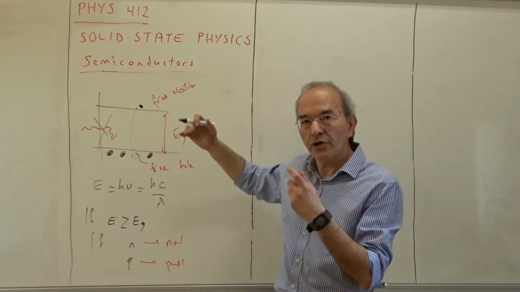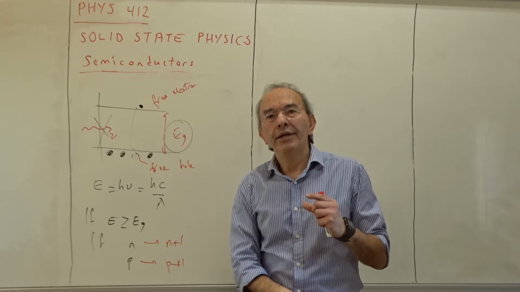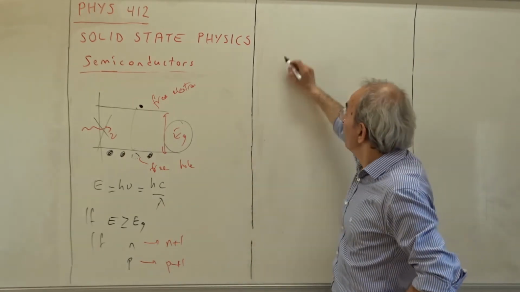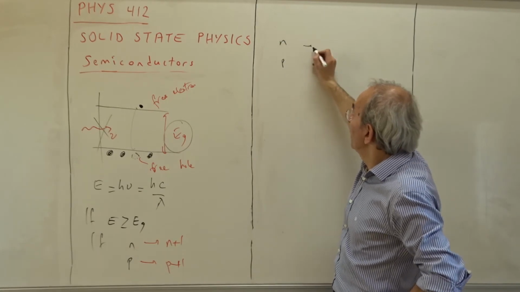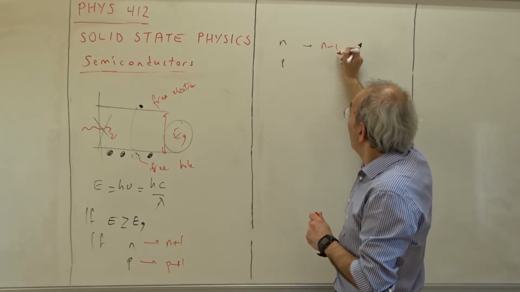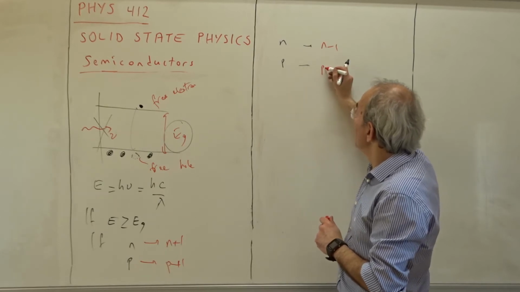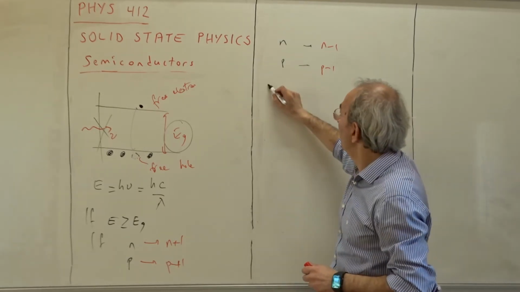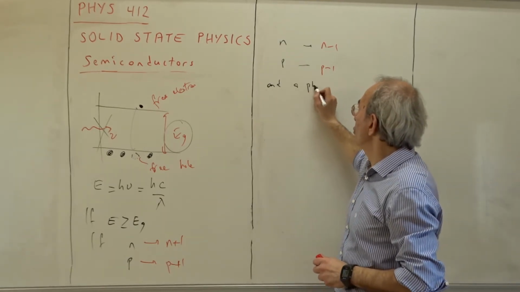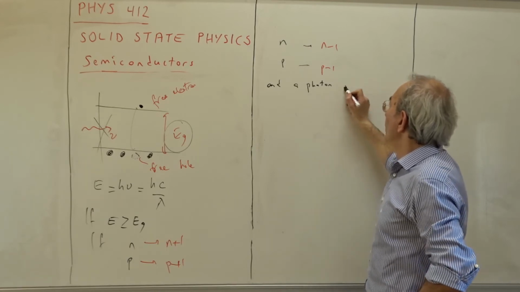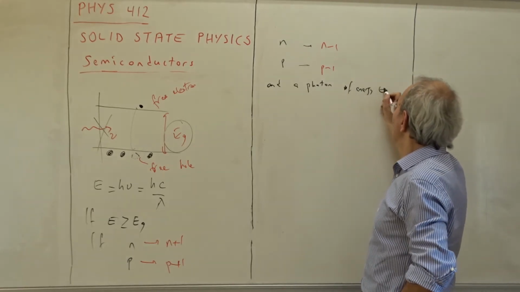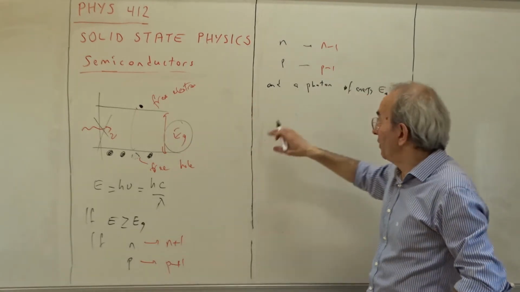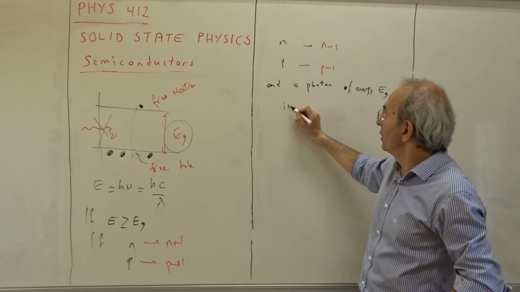So it gives off this much energy, so that in the opposite case we have initially n and p. Now this becomes n minus 1, that becomes p minus 1, but a photon is created, a photon of energy Eg, this much energy, is created.